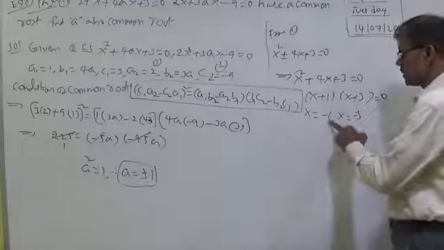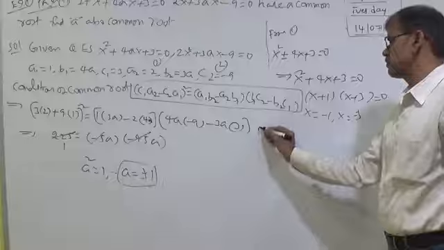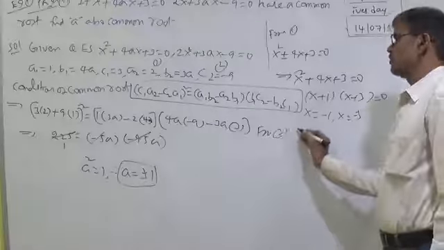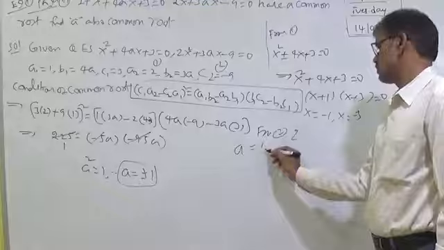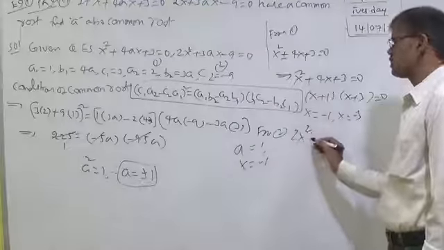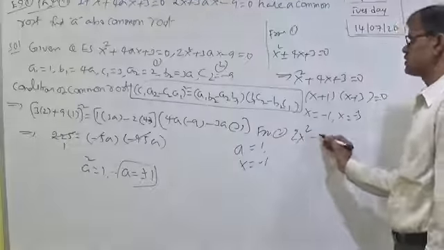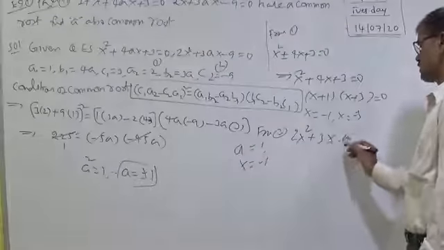Taking a equals 1, from equation 2 we write 2x square plus 3x minus 9.